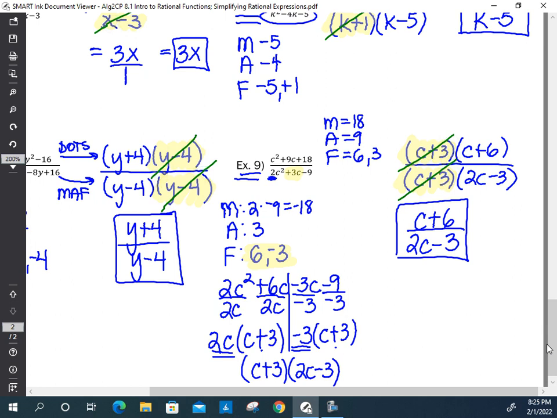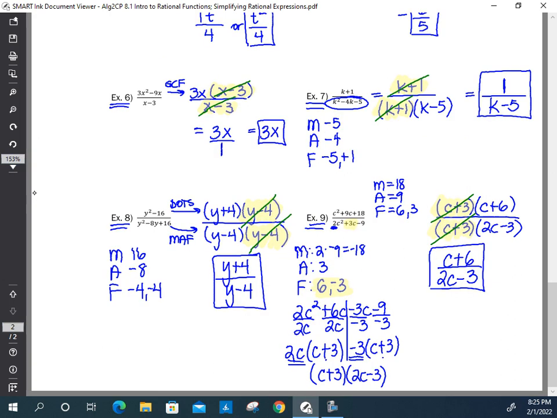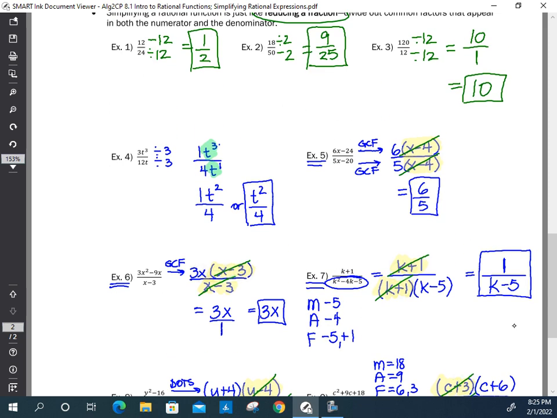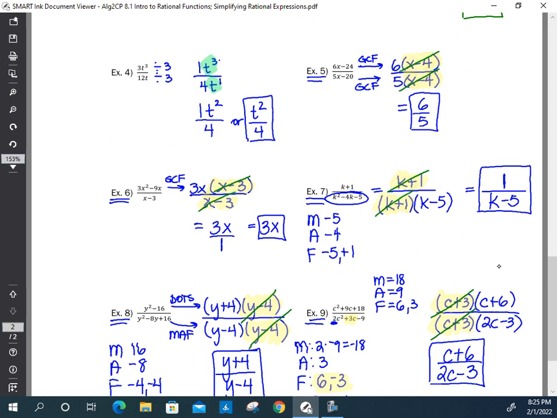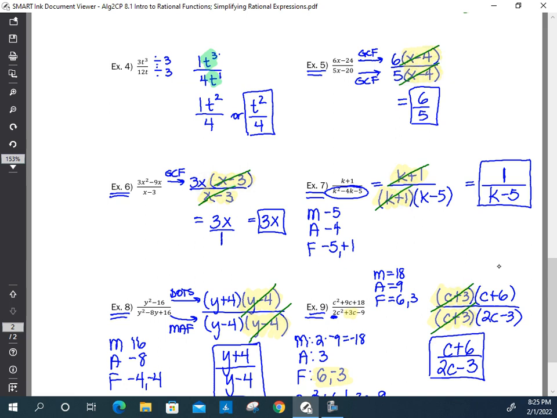So one thing with simplifying rational expressions, there is a heavy dosage of factoring, knowing how to factor. Again, the first three examples were basic numbers. The fourth example was still working with numbers and basic variables.